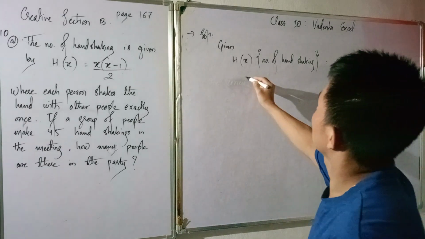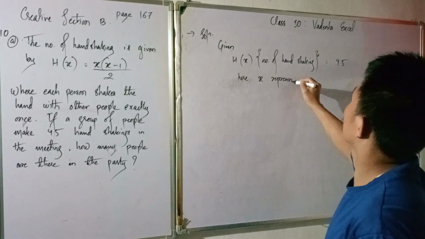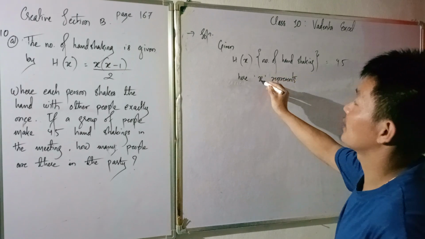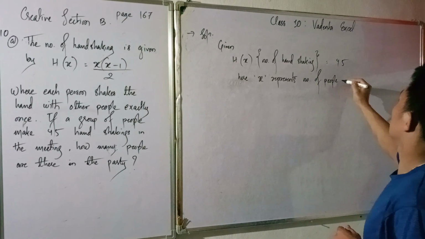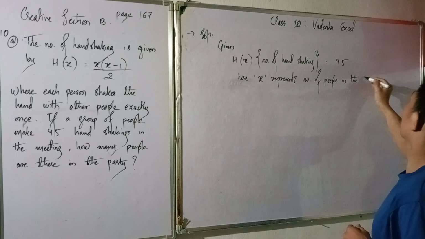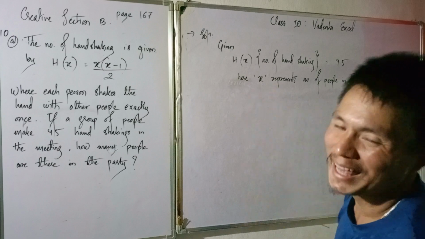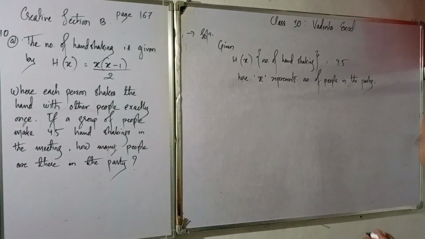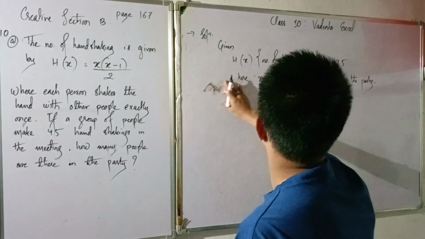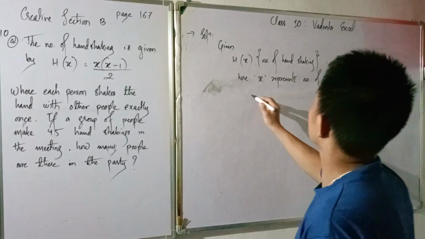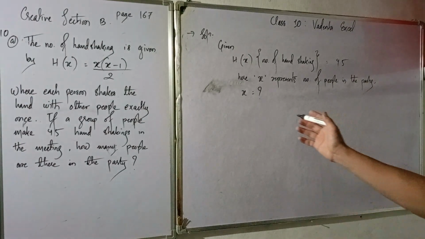And here the variable x represents the number of people in the party. So we have to find the value of x. How many people are in the party? Yes, x represents the number of people in the party. We have to find x. This is the value that we have to find.